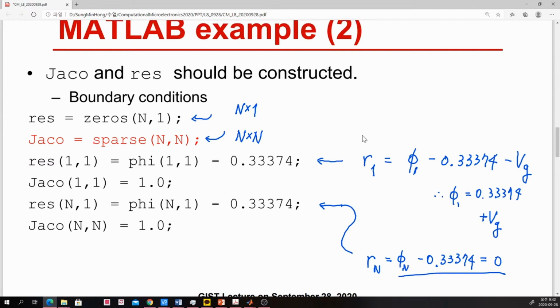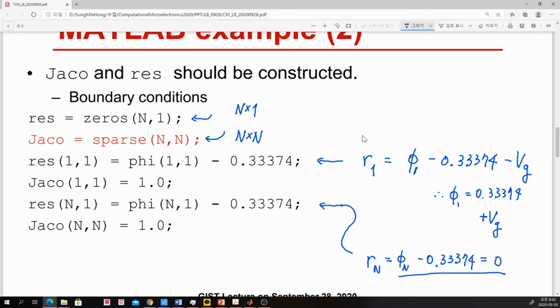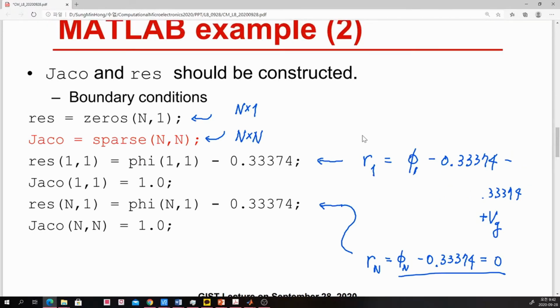And since now we have R1 equal to phi 1 minus a certain number, the Jacobian matrix component can be immediately calculated. For example, taking the partial derivative of R1 over phi 1, we will have just the number 1.